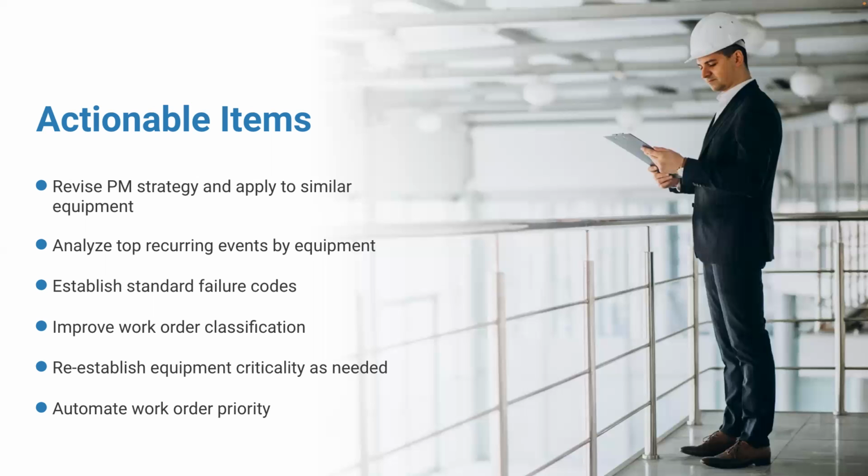And one thing that we can definitely use at some point when you have an enterprise asset management system is to automate work order priority, because that way it's a little bit more scientific, a little bit more statistical, and not necessarily based on the judgment of a person, right? That can be not that different, but it can have its differences from person to person.